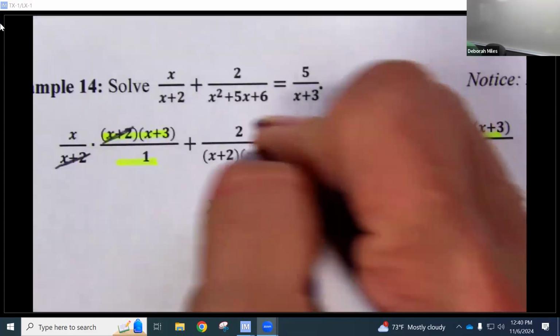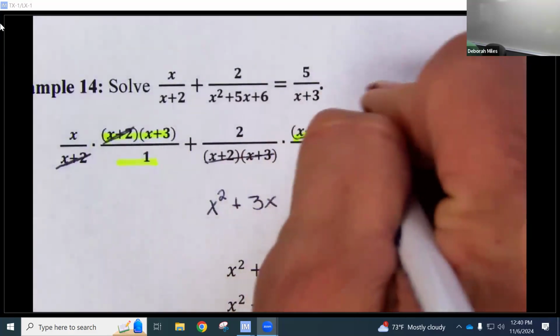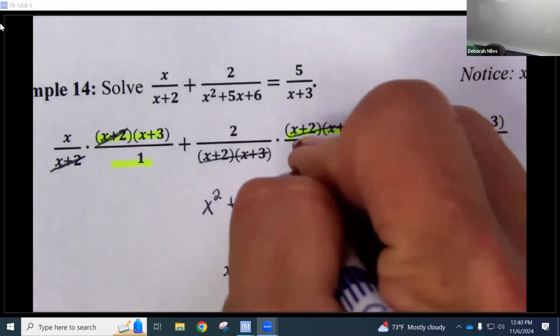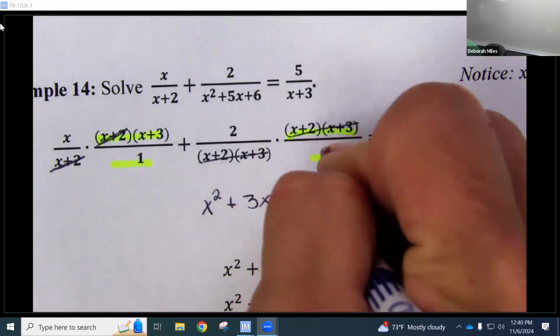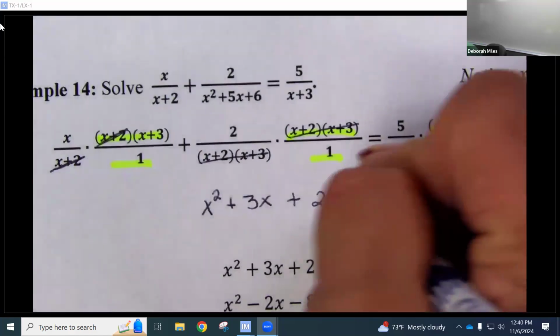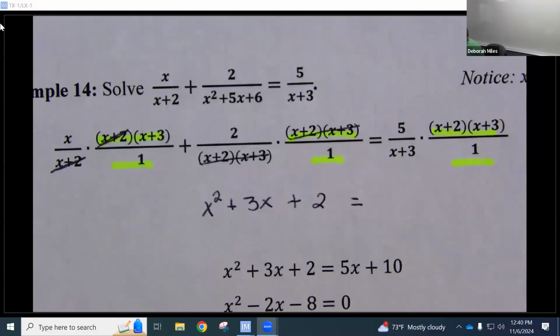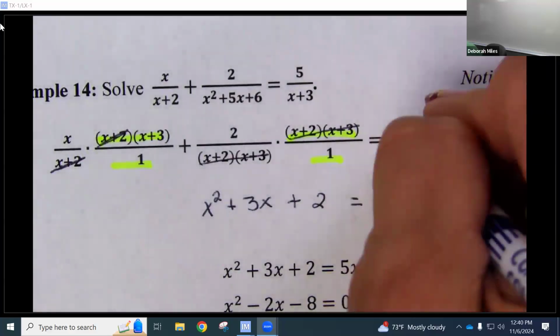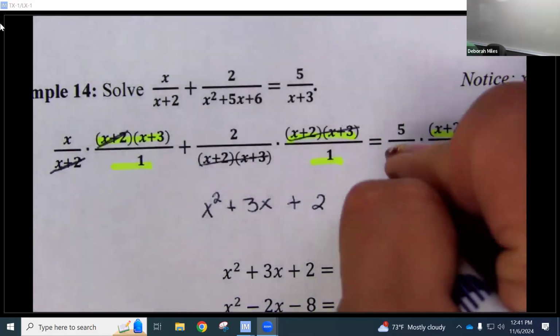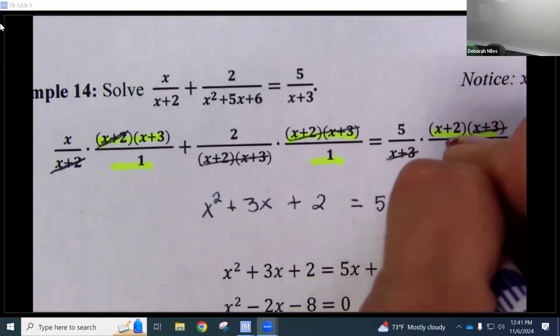In the second term, the whole LCD cancels out, and all that's left is 2. And on the right-hand side, the x plus 3's cancel, and all that's left is 5x plus 10.